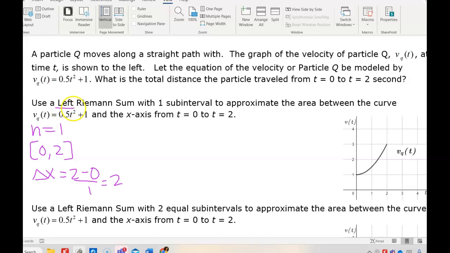So if I'm using a left Riemann sum, I need the height of that rectangle on the left side. Is that going to be a very good approximation? No. So what is that LRAM approximation? Well, it's the height of the rectangle times the base of the rectangle, which is 2. This is an extreme under approximation.